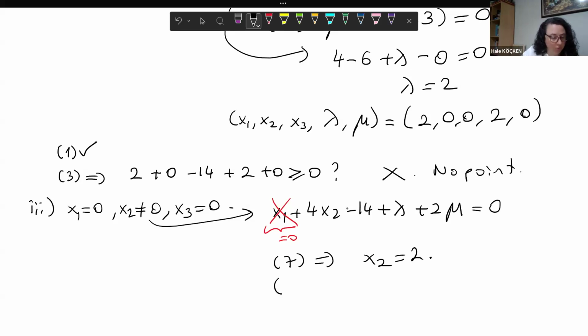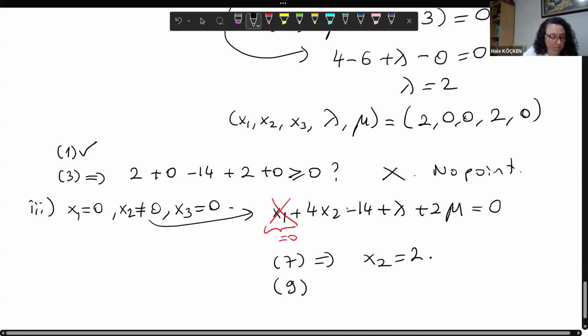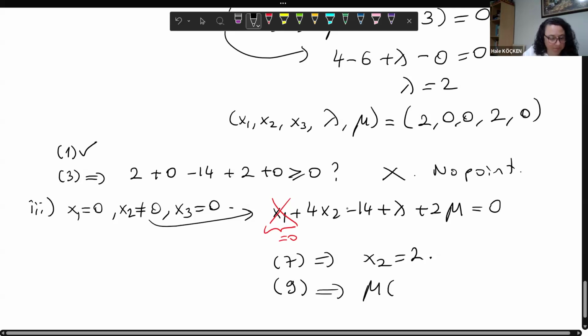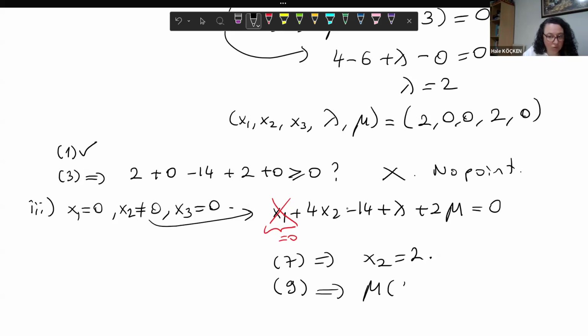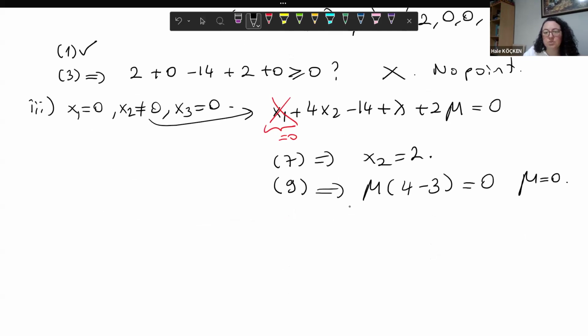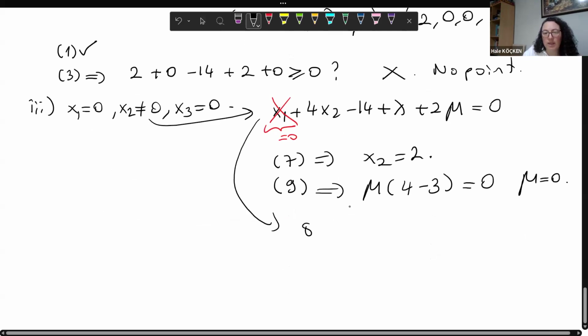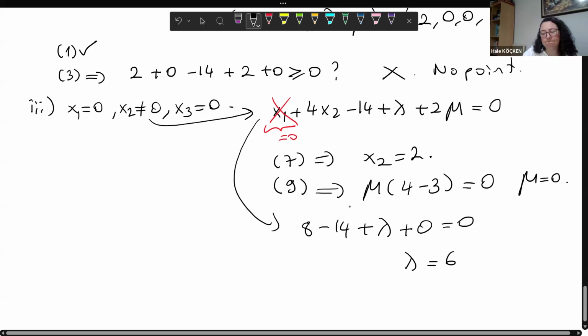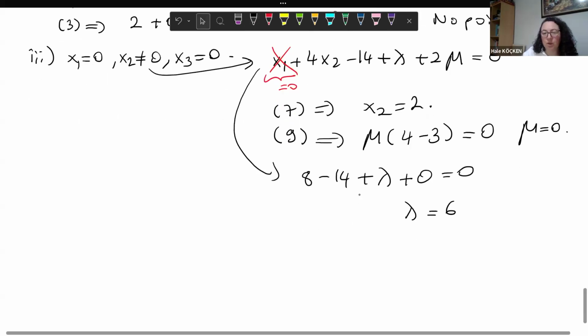And also for the 9, it is mu times minus x1, 0, 2x2, 4, minus 3 is 0. So it tells me that mu is 0. So substitute them into the first equation: 8 minus 14 plus lambda plus 0 is equal to 0. Lambda is equal to 6. Okay, then I found a point.